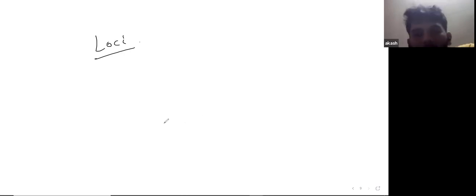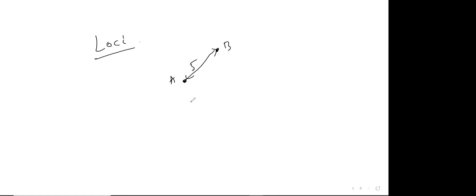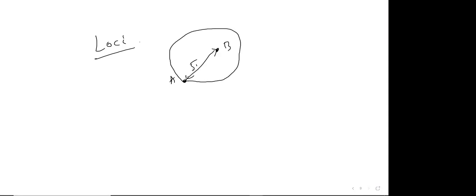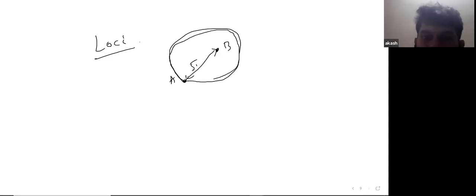If I give you a condition about a point moving in space, like there is a point A which moves in such a way that it is always 5 meters far from B, then how will it move? Is this like a circle? And that's the radius? Exactly, like a circle. This is the radius. A can move in this path only. If it deviates from this path, then this condition will not be satisfied, right?